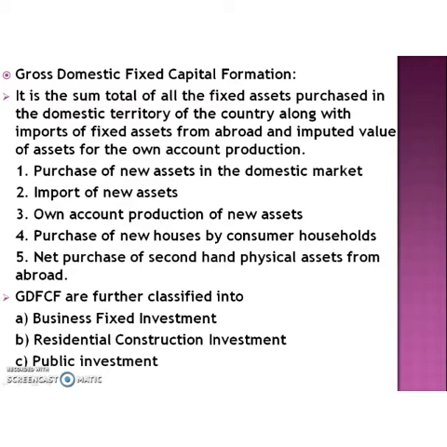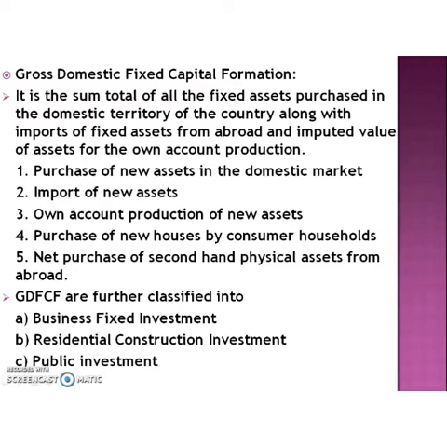The second one, residential construction investment. It is defined as the fixed investment expenditure made by the households on the net addition made to their fixed residential or housing facility, or the construction of residence or house, that is included in residential construction investment.